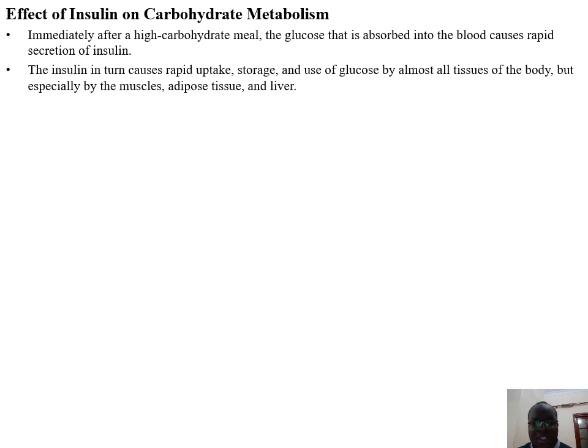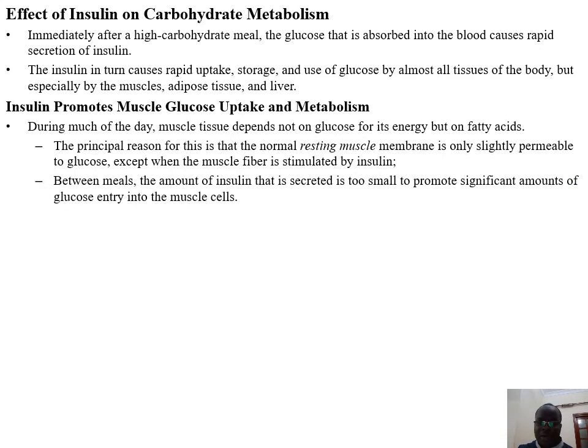The insulin in turn causes rapid uptake, storage, and use of glucose by almost all tissues of the body, but especially by the muscles, adipose tissue, and the liver cells. Not the neurons, especially the neurons of the central nervous system. They don't depend on insulin at all, but they depend on glucose as a source of energy.